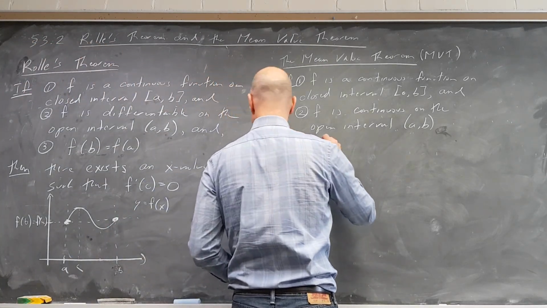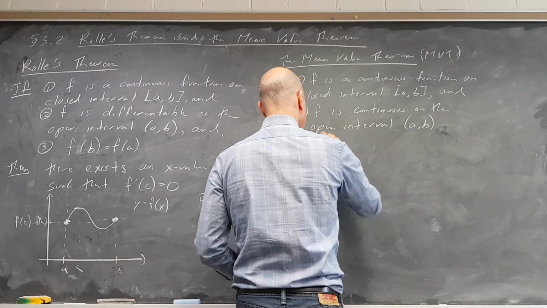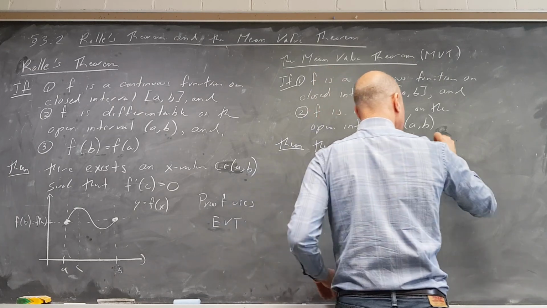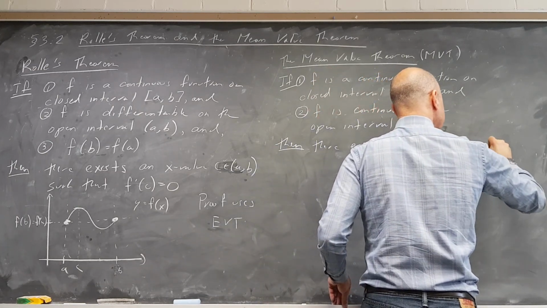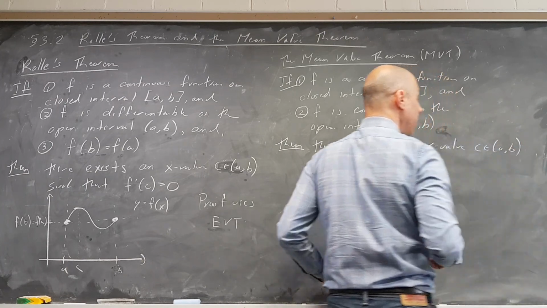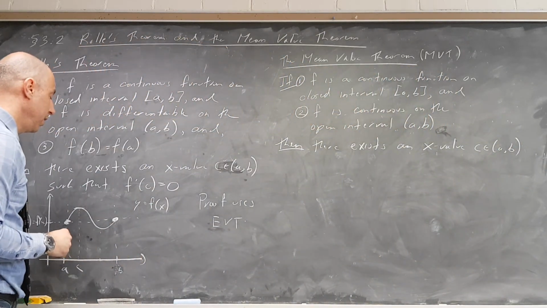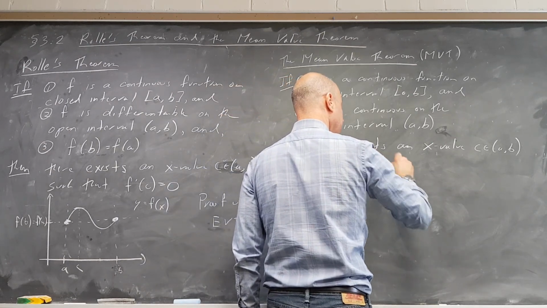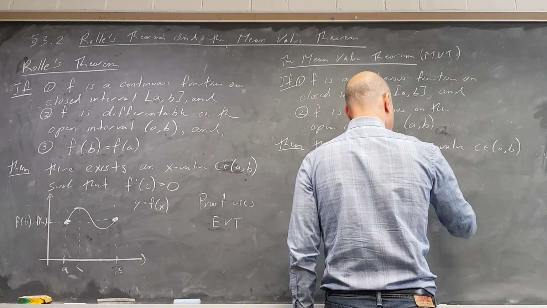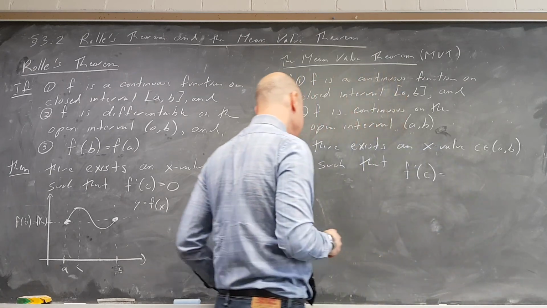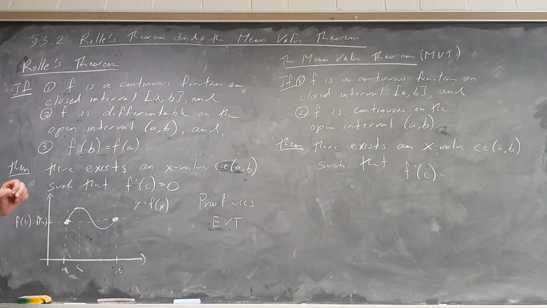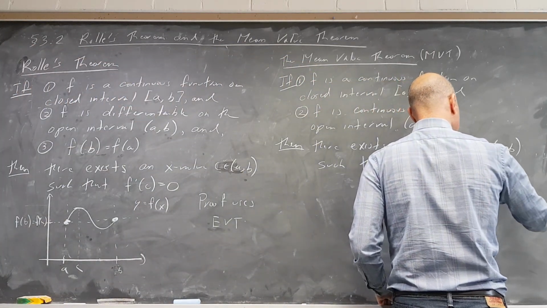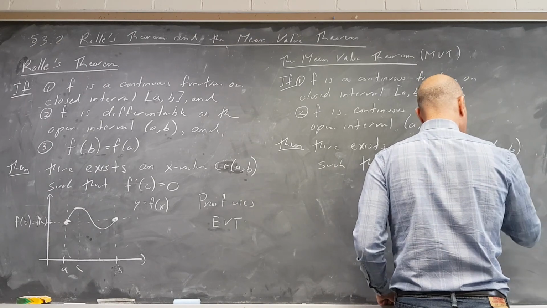Then there exists an x value c somewhere between a and b, such that f prime of c, the derivative at c, might not be 0. There might not be any places where the derivative is 0, but the derivative at c is equal to f of b minus f of a over b minus a.